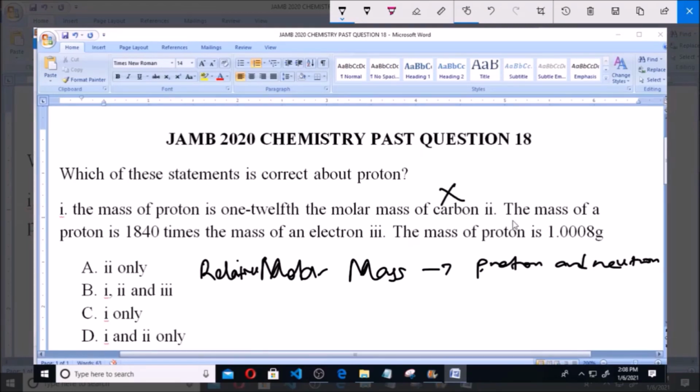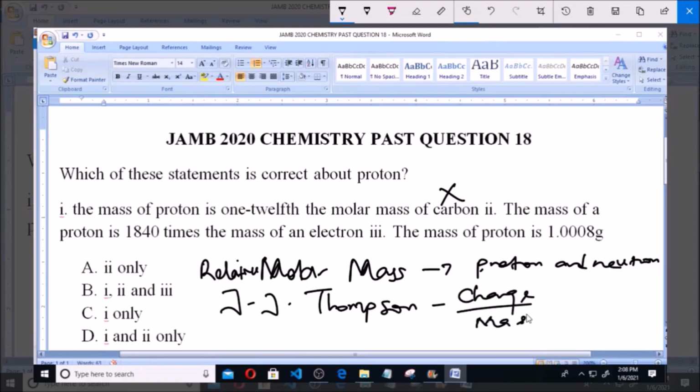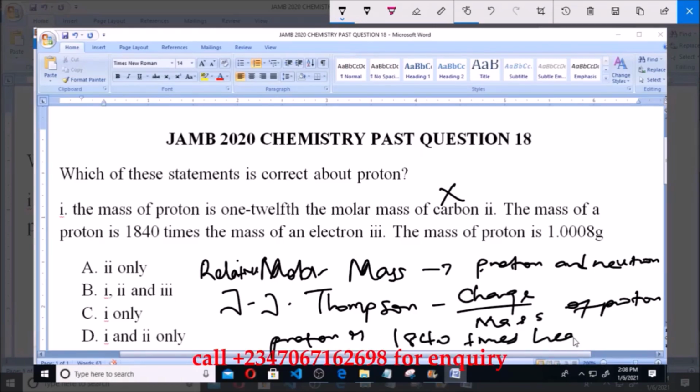Now statement 2 says the mass of proton is 1,840 times the mass of an electron. Now according to J.J. Thomson, who discovered the charge to mass ratio of proton, from this discovery he deduced that proton is 1840 times heavier than electron.